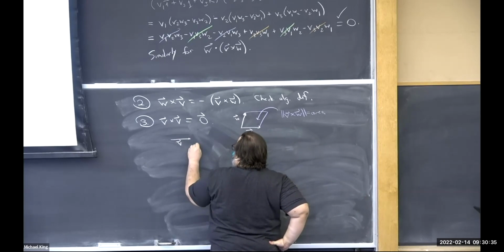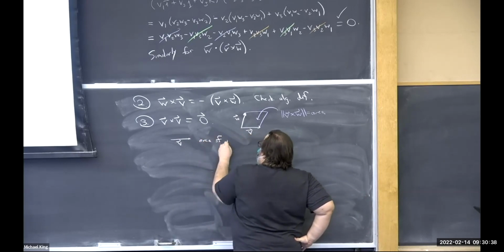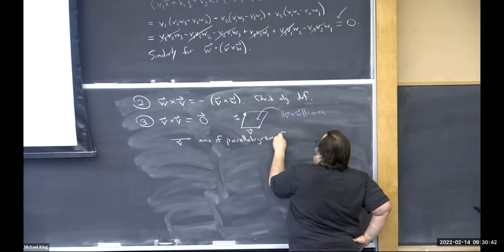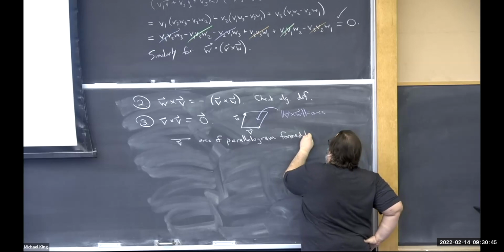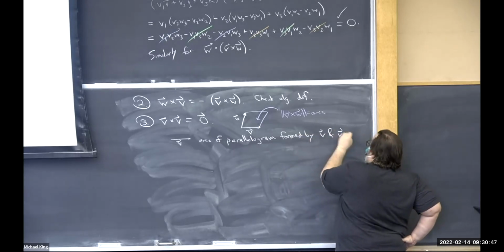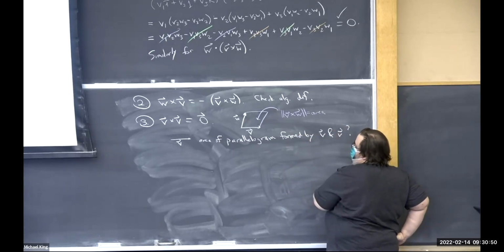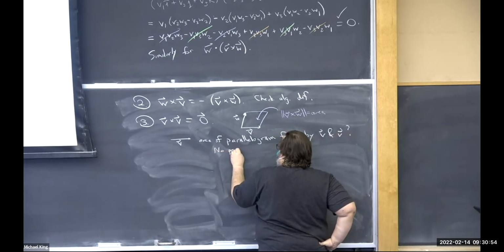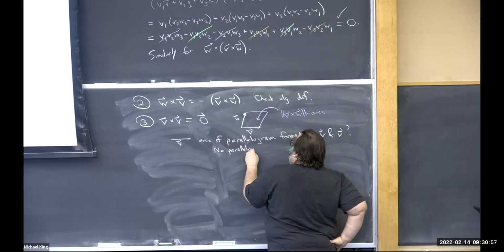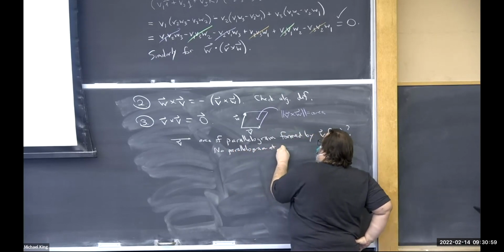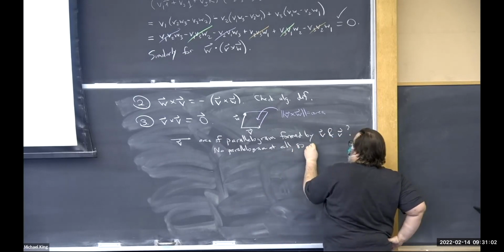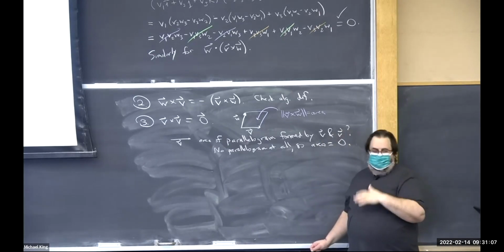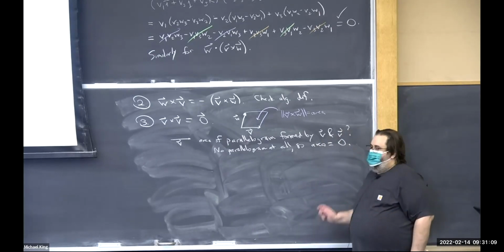So the area of the parallelogram formed by V and V? Well, no parallelogram at all, so the area equals 0. So you can check that these properties both make sense algebraically and from the geometric point of view. Okay.